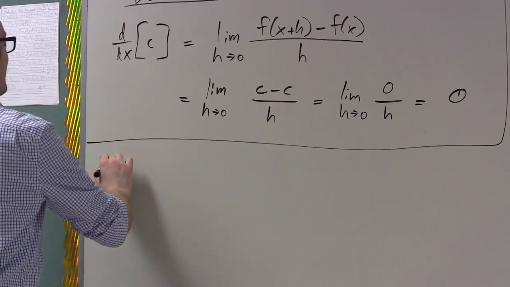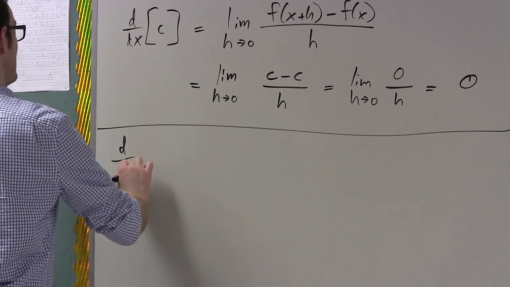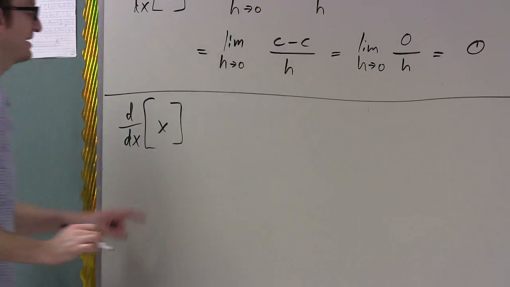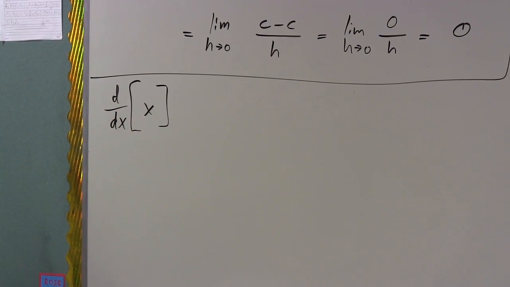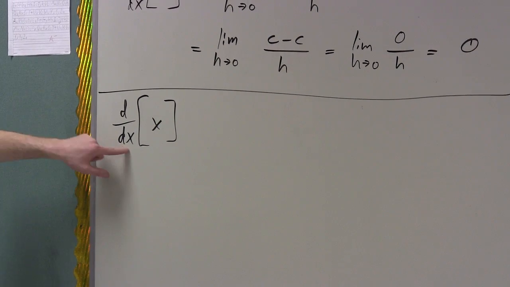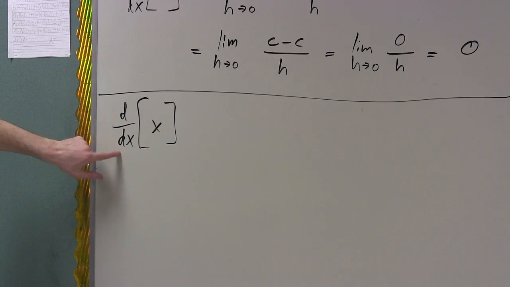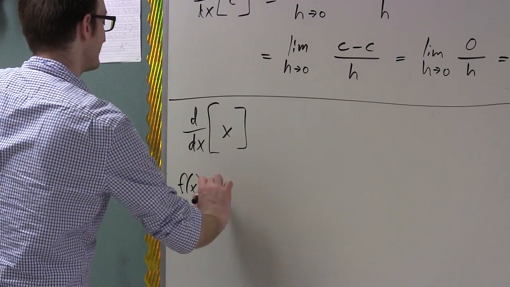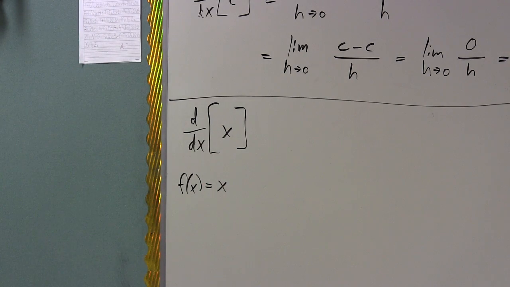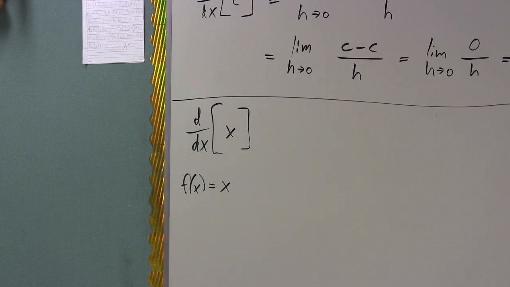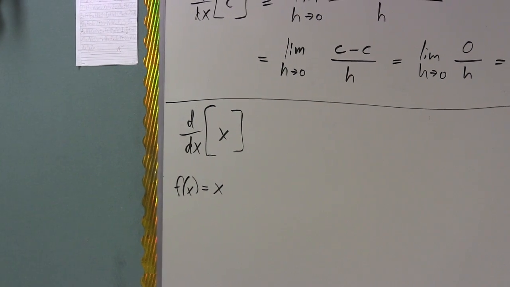There's another kind of fact we can prove. What is the derivative of x? Oh, by the way, have I used this notation yet in class? We just saw it in the book. This just means the derivative of. So I'm just saying the derivative of x. If it makes you feel better, you can define your function as f of x equals x. Everyone take 10 seconds and do this one right now.